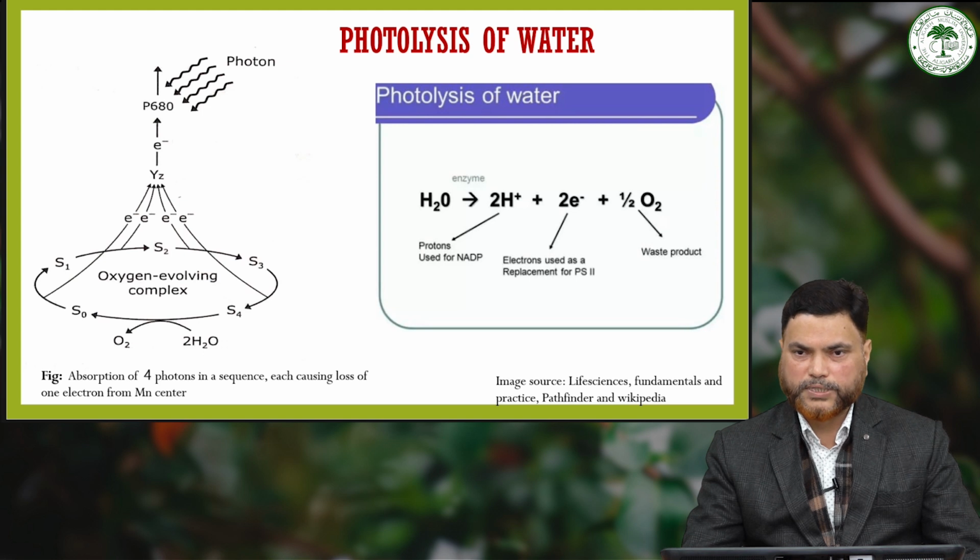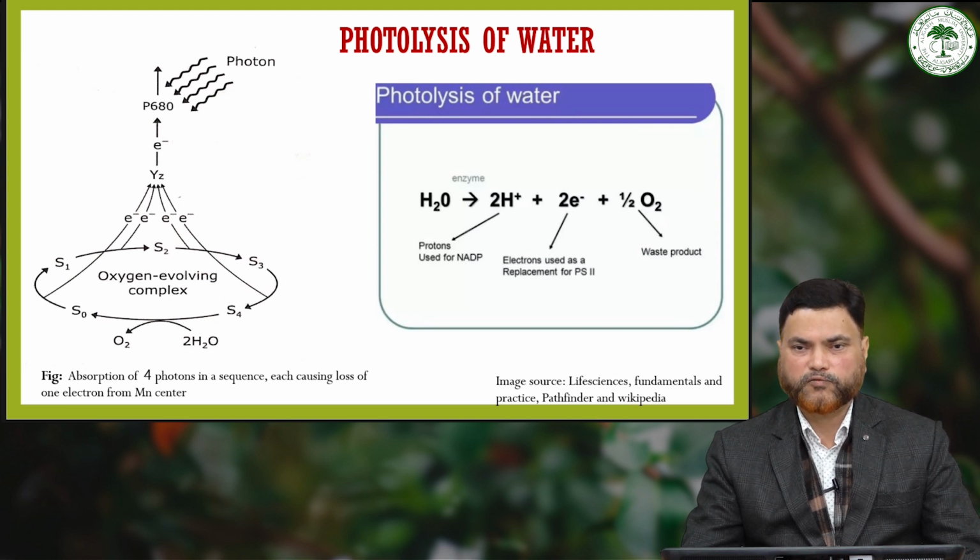Water basically acts as the electron donor in oxygenic photosynthesis, as you might be aware. Two water molecules are split to yield 4 electrons and 1 molecular oxygen, as you can see in the reaction. Therefore, this splitting of water releases the oxygen that we human beings breathe.